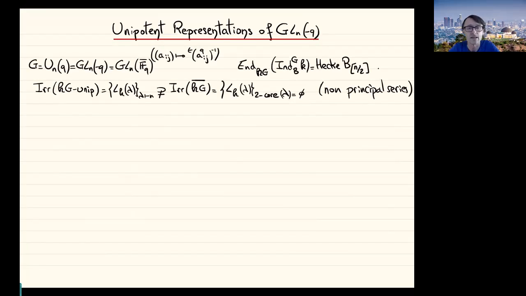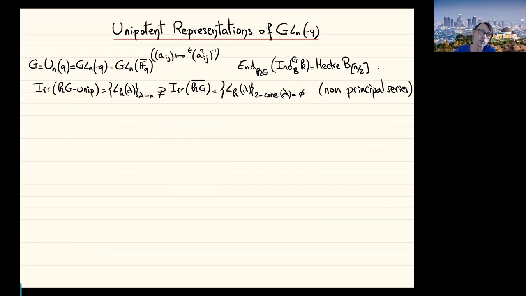And you can play the same game. You have a Borel subgroup, but now when you induce the trivial representation from the Borel subgroup, you get fewer characters than you would for GL_n, and the endomorphism ring is not of type A, it's type B. So you have to take the Hecke algebra of the symmetric group and fold according to the diagram automorphism of type A_{n-1}, and you get this Hecke algebra of type B of n over 2.